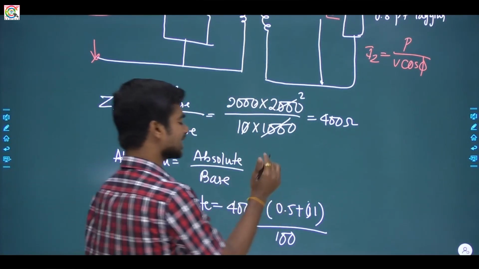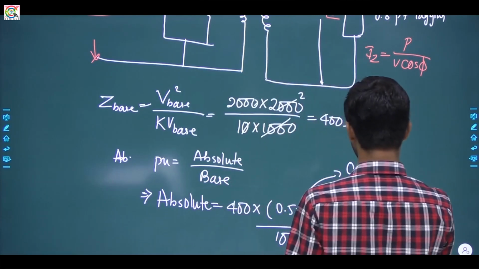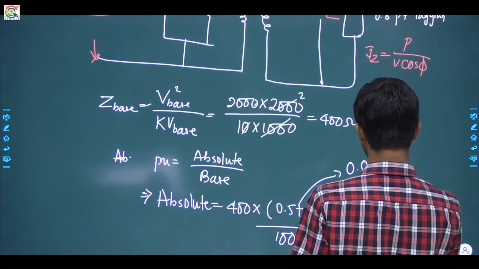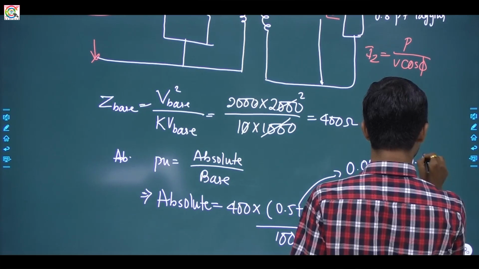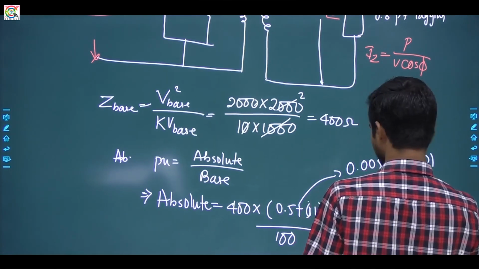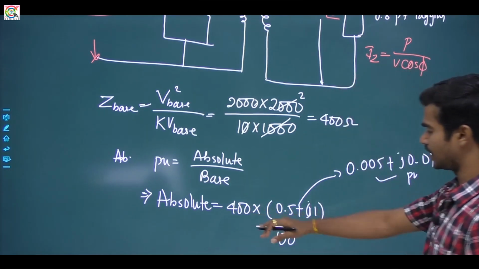So if this is the percentage, then the per unit will be 0.005 plus j0.01. This one is the per unit. This one is the percentage. That's why I divided by 100.